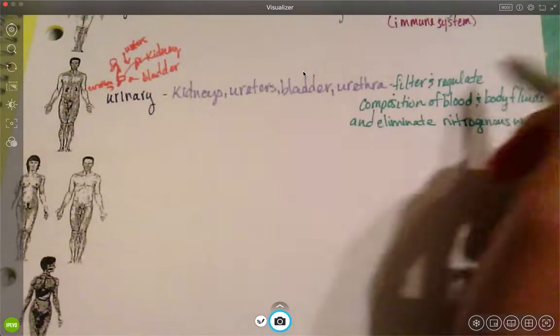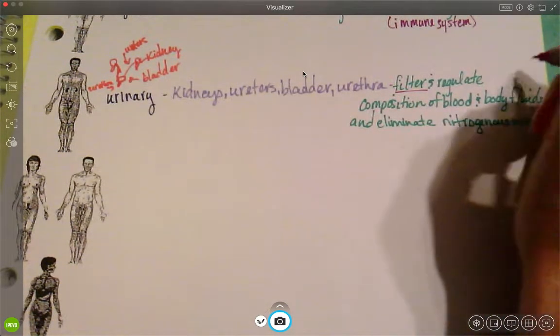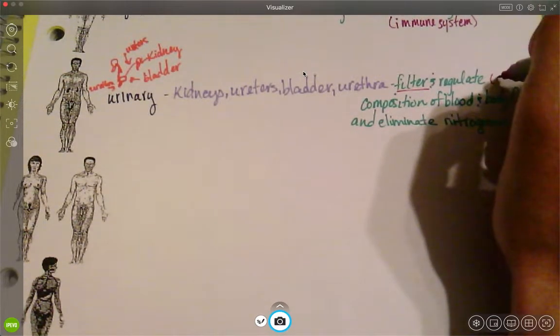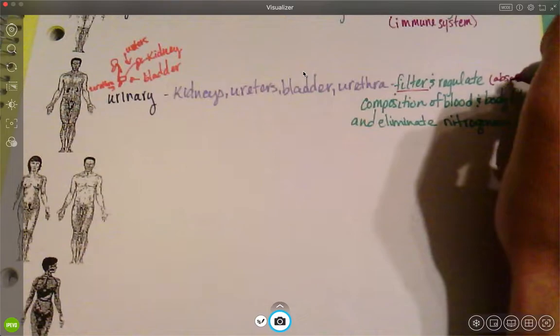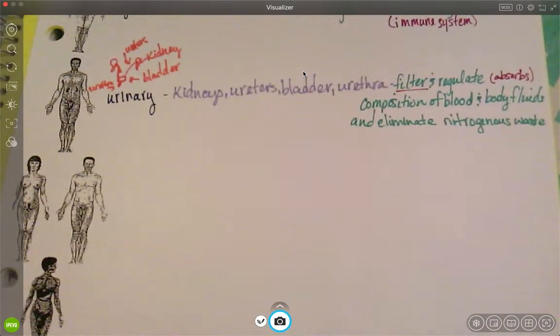Remember, so we're seeing filter again. We're going to see body fluids either being gotten rid of or absorbed. So we can do some absorption in here.